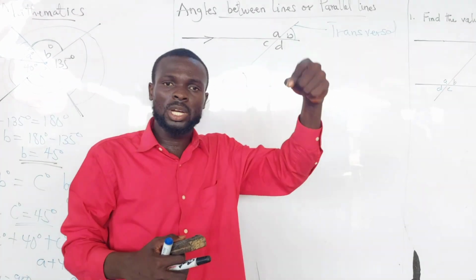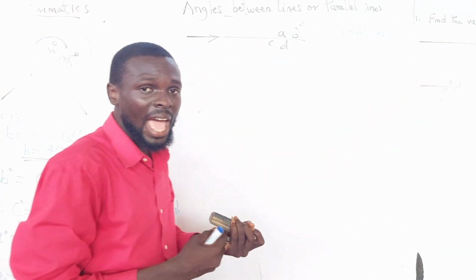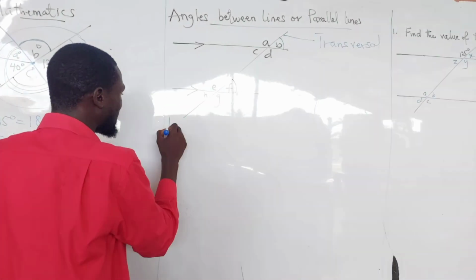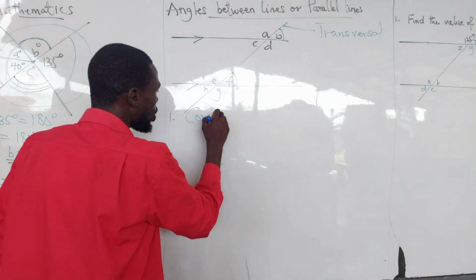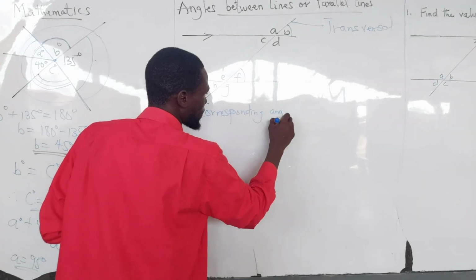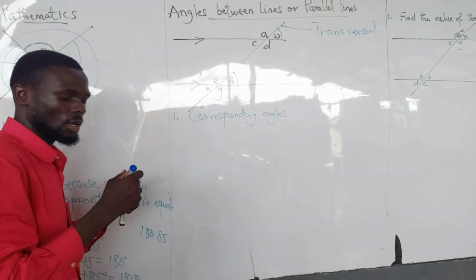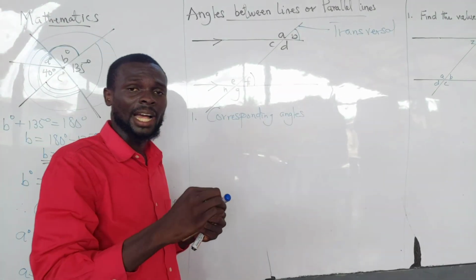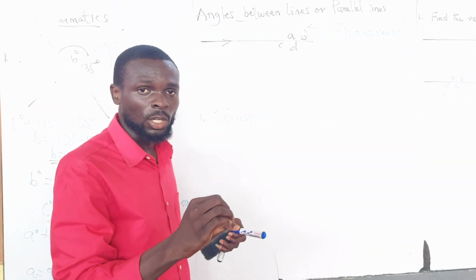So the first type of angle we can know under this one is corresponding angles. And corresponding angles are always equal.